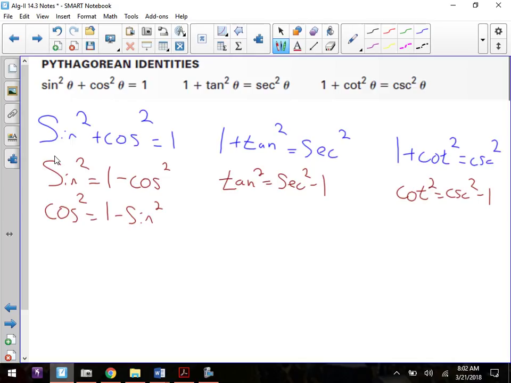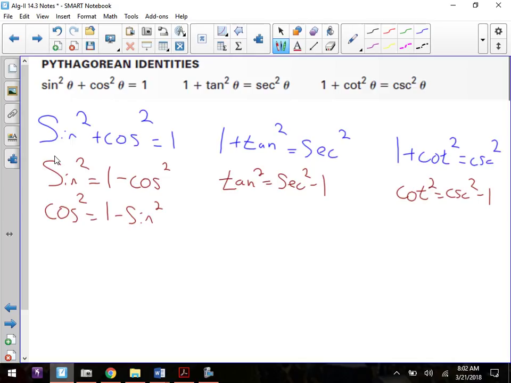If cotangent is cosine over sine, cotangent squared would be cosine squared over sine squared. Secant squared would equal 1 over cosine squared. All those same reciprocal properties hold true with higher degrees. It all works because we can turn it into a fraction and raise it to the power.